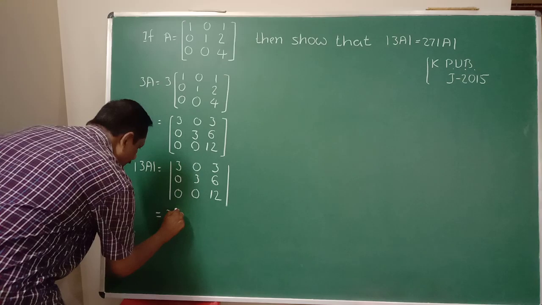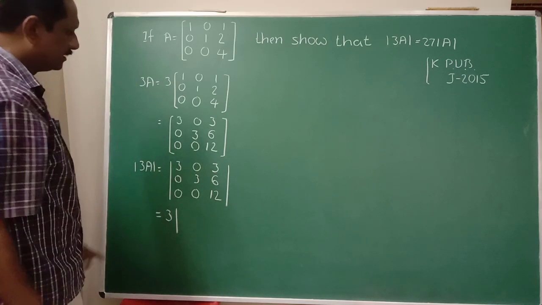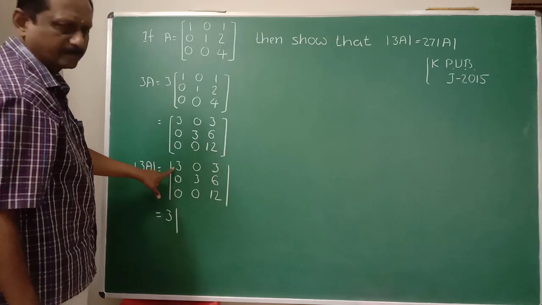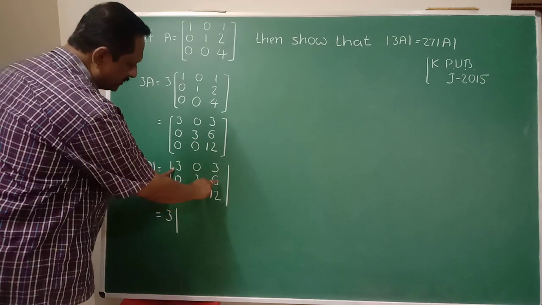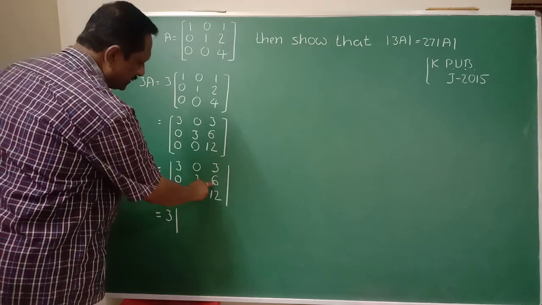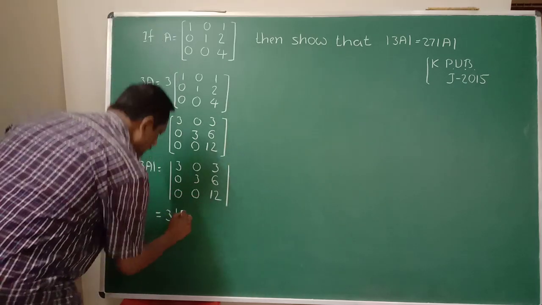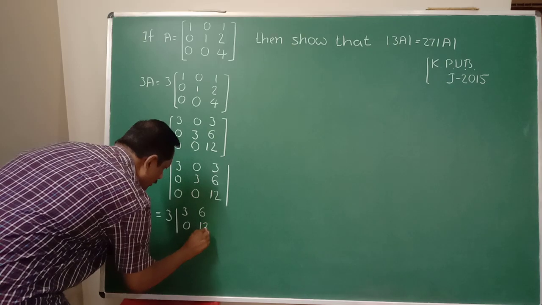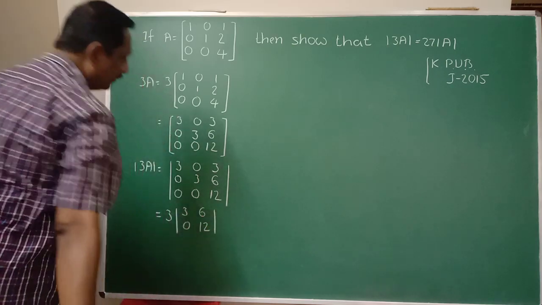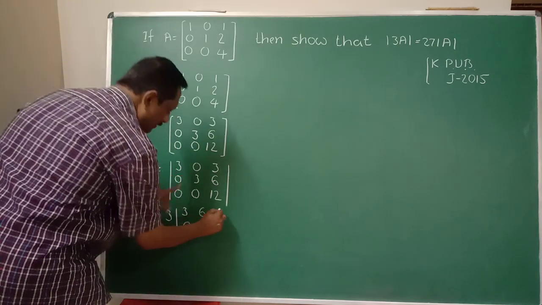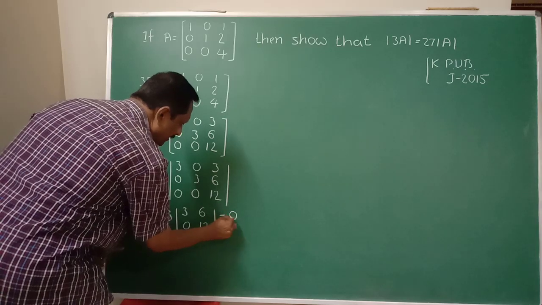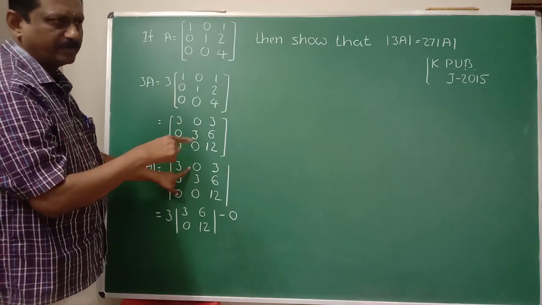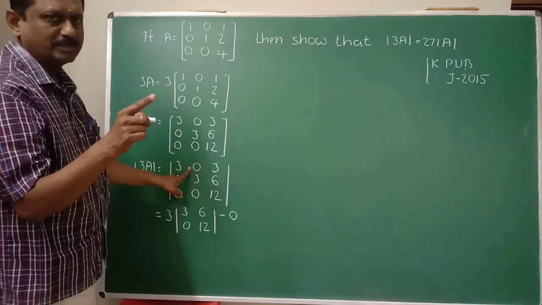3 into determinant of, here, just leave that first row and first column containing this 3. Then these are the remaining elements here: 3 6 0 12. So 3 6 0 12. Minus of 0, because it is an element in the first row, second column. 1 plus 2 is 3, an odd number.